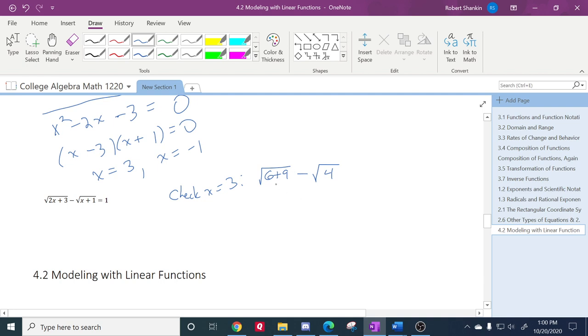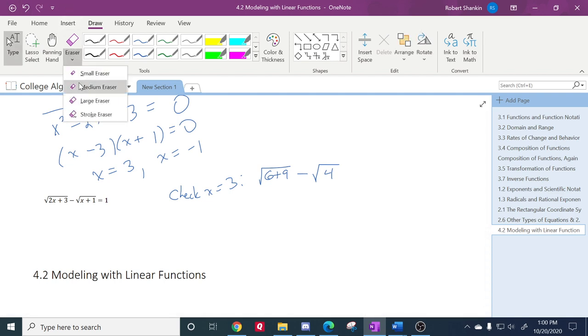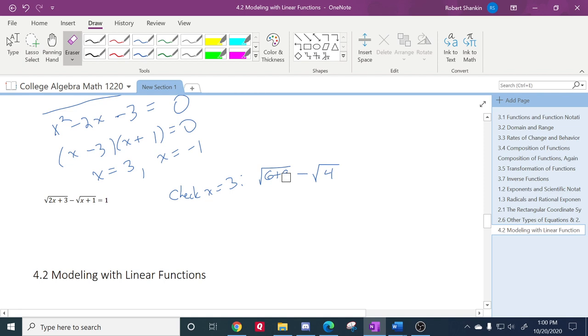Now this becomes, oh, it's not 6 plus 9, it's 6 plus 3. I was jumping right to the answer. So this is square root of 9 minus square root of 4, which is 3 minus 2, which is 1. And that's what it's supposed to be. So 3 works.